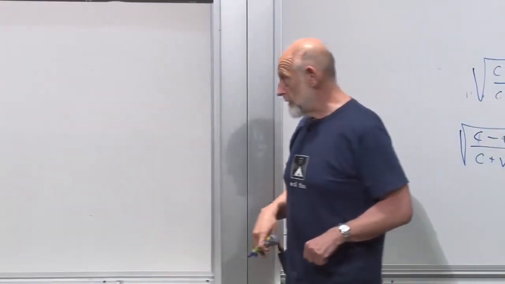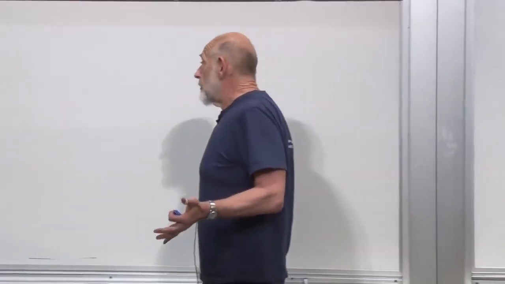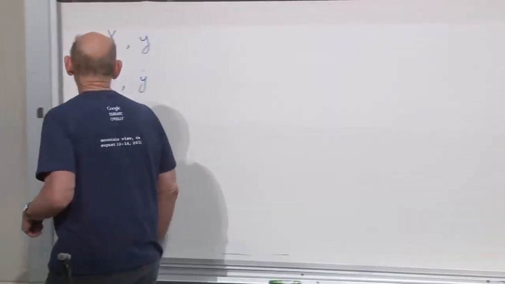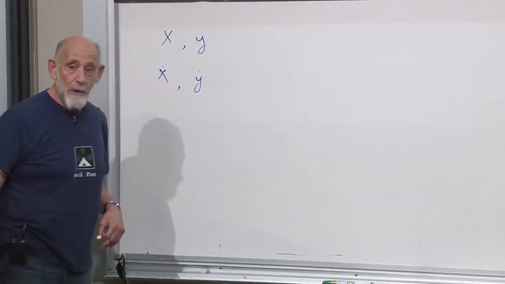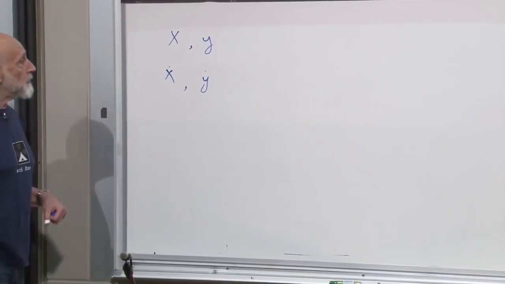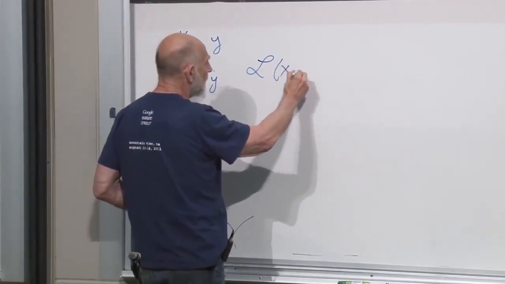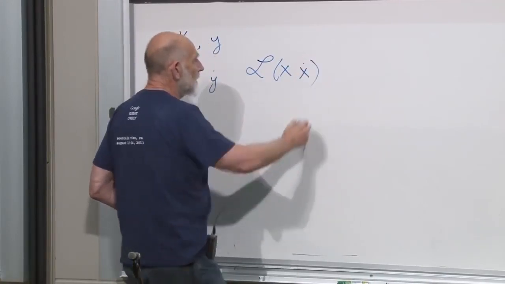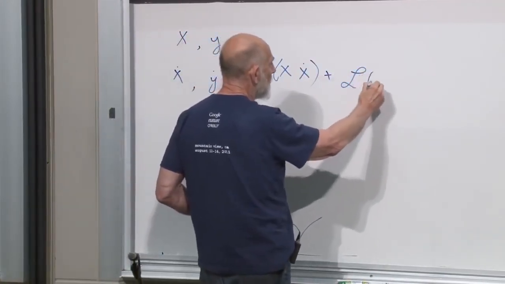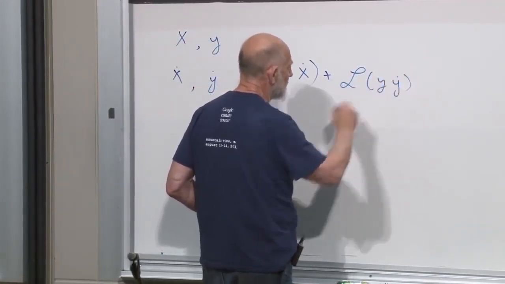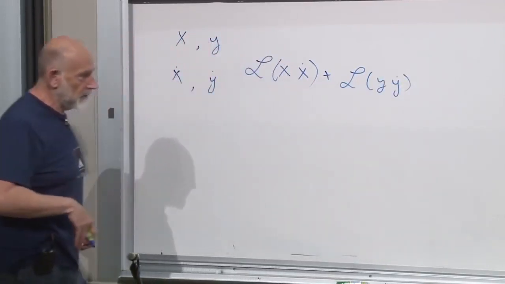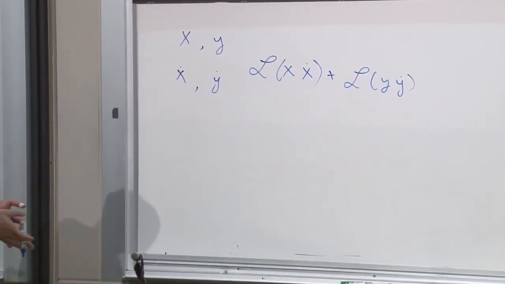They're just two coordinates. Now, one possibility is that the Lagrangian is simply a sum of two terms. The Lagrangian for x and x dot plus a Lagrangian for y and y dot. A different Lagrangian. I'll just continue to call it L. Might be the same, might be different.